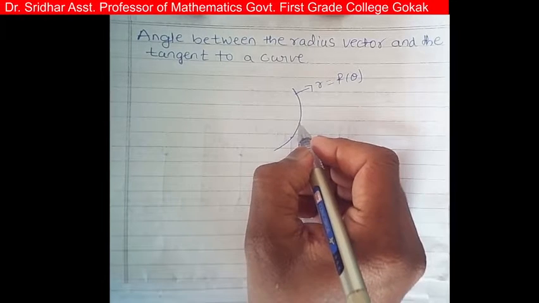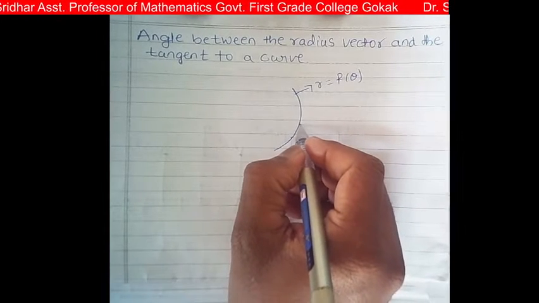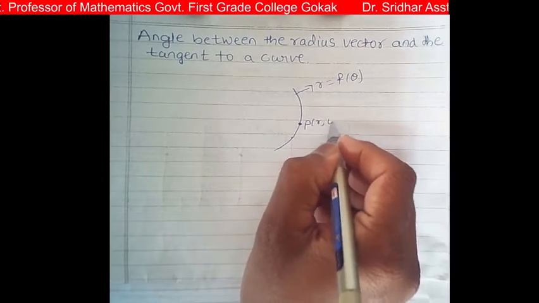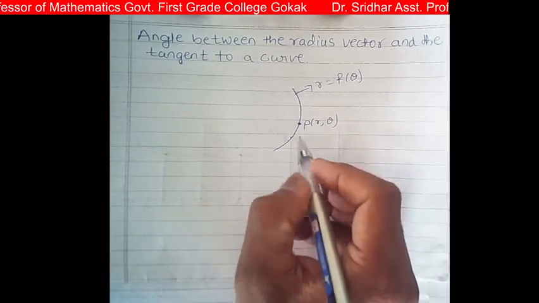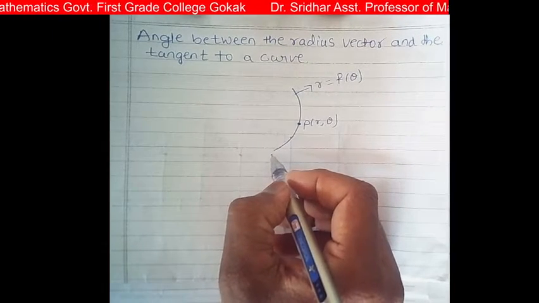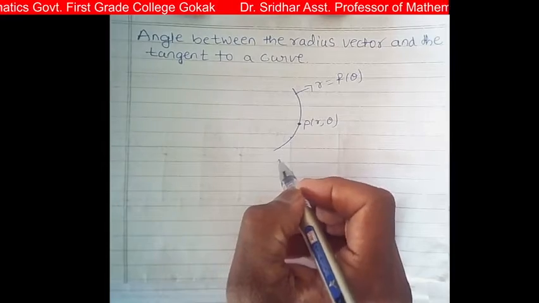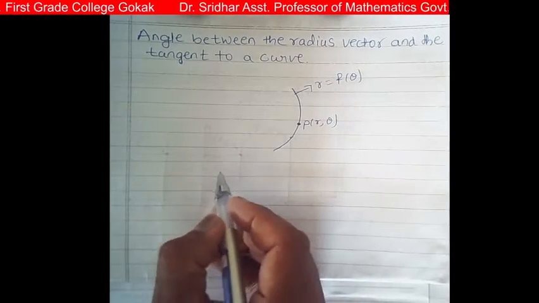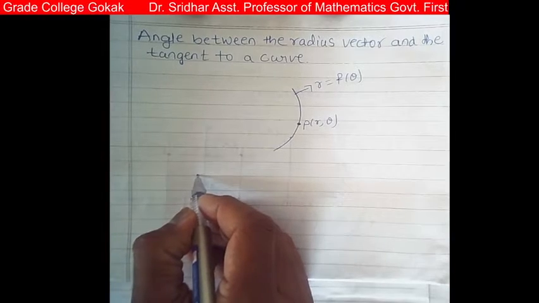R is equal to f of theta, and let us consider a point P having coordinates r and theta. Let P be a point on this curve. Now let O be the origin.